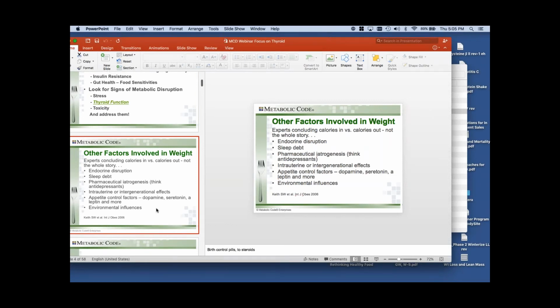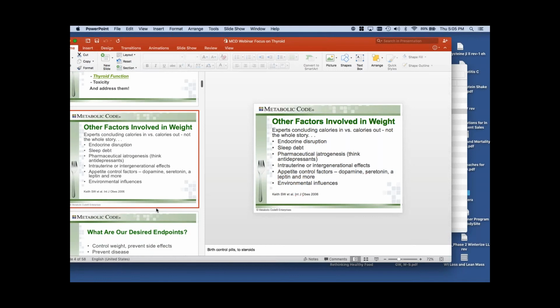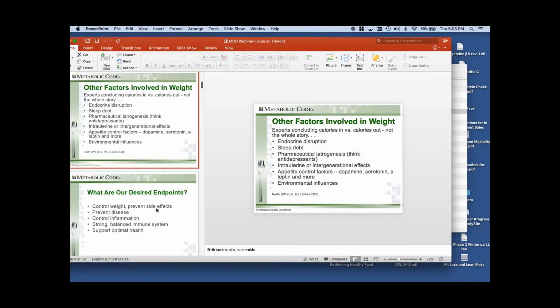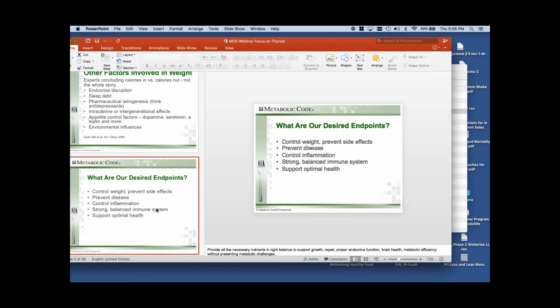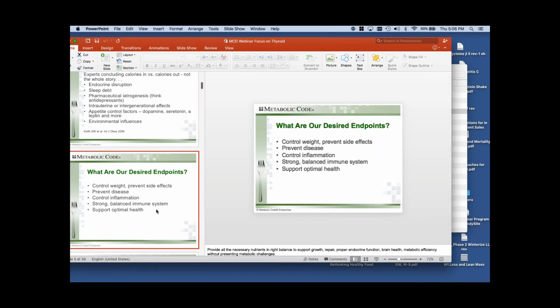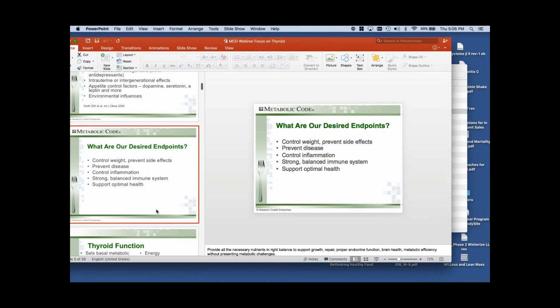So with our diet, we're not just trying to take a fast, low calorie way to control weight. We want to prevent side effects from things such as muscle loss that occur on calorie control diets. In every diet we're trying to prevent disease and control weight, but if you can't prevent side effects in the process, then you've done more harm than good.